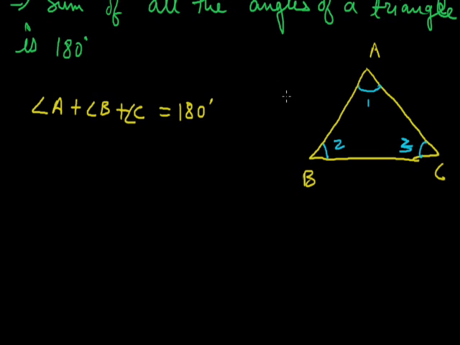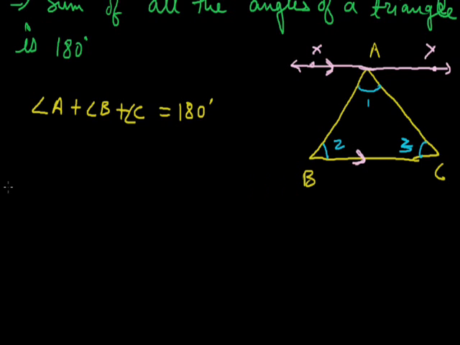Now to prove this, I have to draw a line parallel to base BC, which passes through point A. This is a line XY which is parallel to side BC.